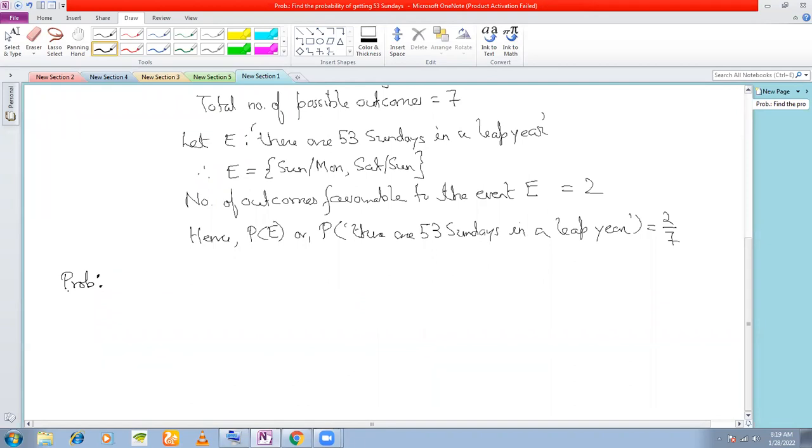Let's move to the last question that I have selected for you. From a pack of 52 cards, all cards whose numbers are multiples of 3 are removed.